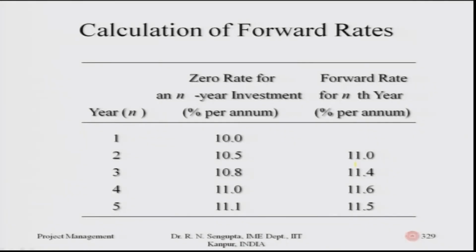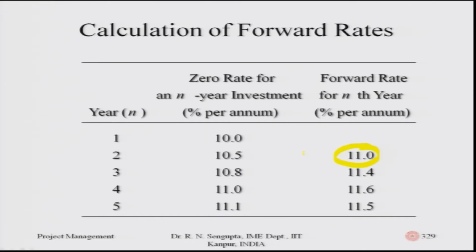Now, in this calculation I am again showing the table. The first column is the years; the years are discrete here, but they can be in decimal also, that does not matter. The 0 interest rates are given in the second column, starting from 10.0 to 11.1, for year 1 till year 5 respectively, and the forward interest rates are given here, and we will now discuss the concept of how they are calculated. For the second row, which is year 2, the last value is 11.